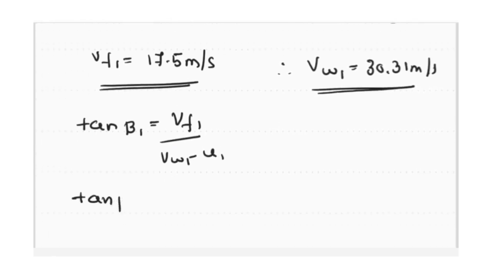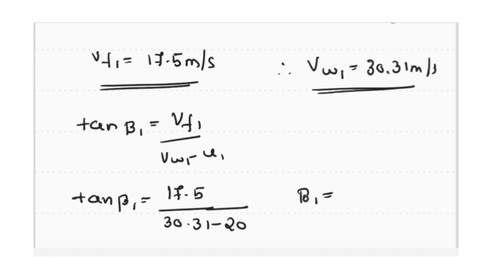So tan beta 1 equals VF1, which is 17.5, over VW1, which is 30.31, minus U1, which is 20. So we get the vane angle at inlet, beta 1, equal to 59.5 degrees. We have calculated the vane angle at inlet.